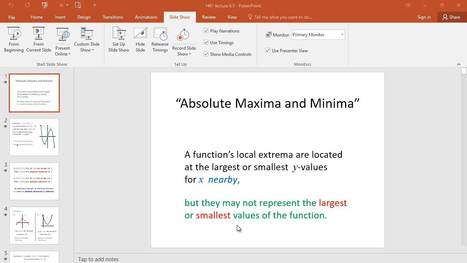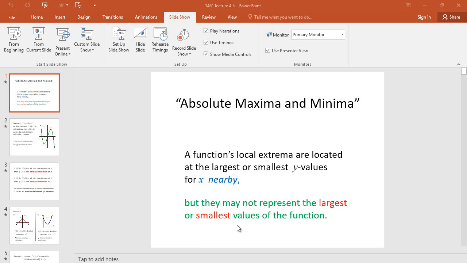So the first two terms that I want to roughly define are absolute maximum and absolute minimum. Sometimes we use the word global instead of the word absolute. So we use the term absolute maximum or global maximum, similarly, absolute minimum or global minimum. So what are they?